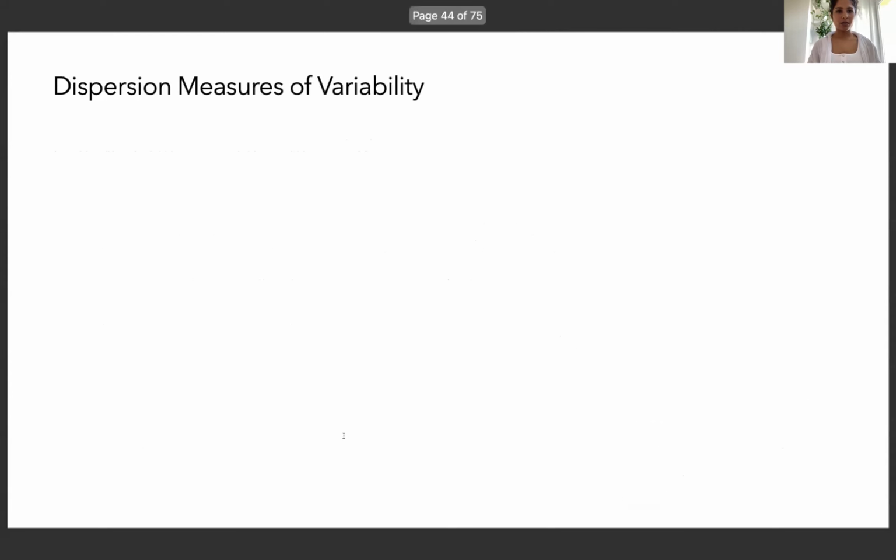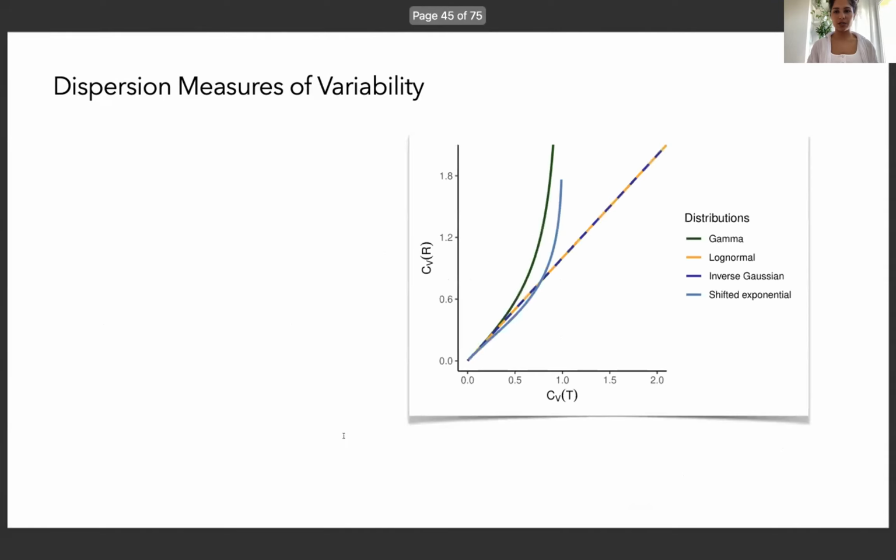So let's start. First, let's look at the dispersion measures of variability. We're going to first look at the four models that we talked about: the gamma distribution, the log normal distribution, the inverse Gaussian distribution, and the shifted exponential distribution.